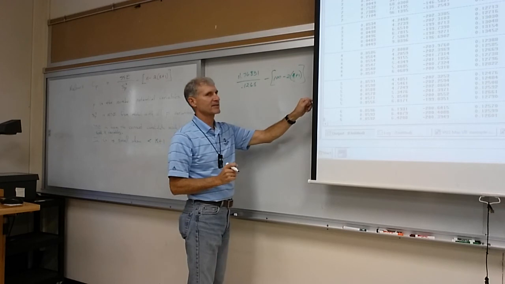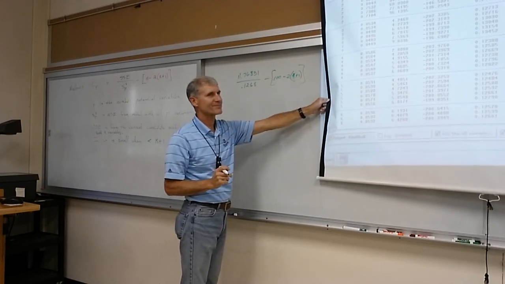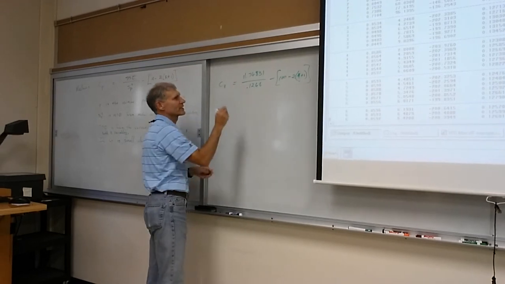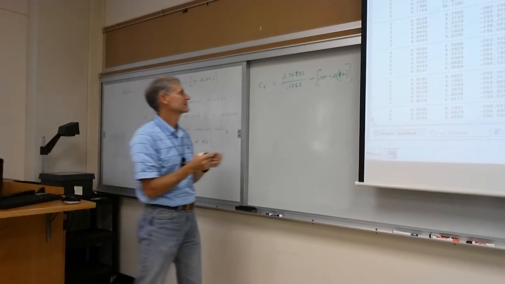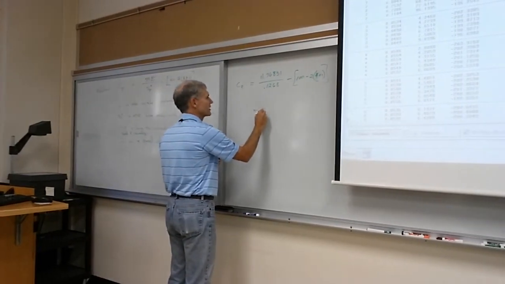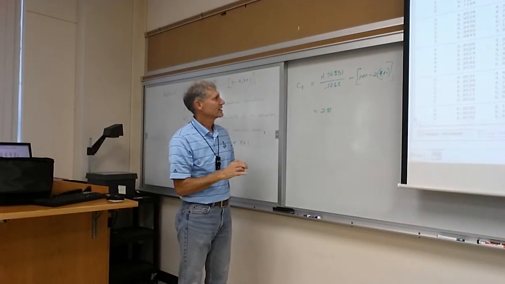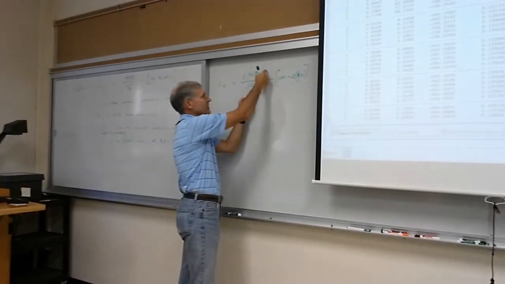Can you see that, Caitlin? Got it? So now do this on your calculator. You should get 2.8088, 2.81. You got 2.81? Close enough. Now the reason it's not matching exactly is we've got some round off in here.